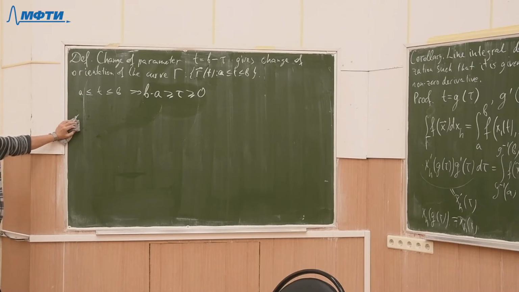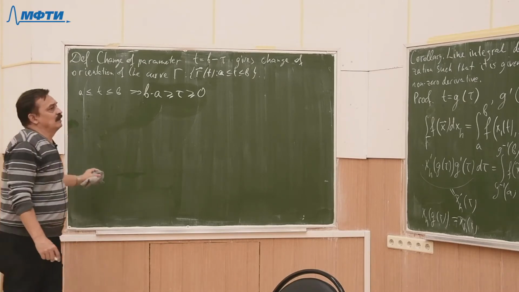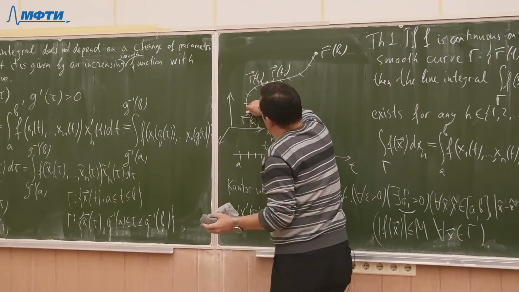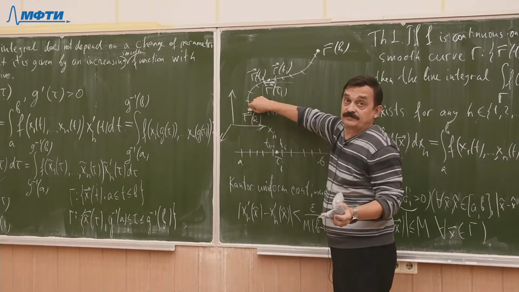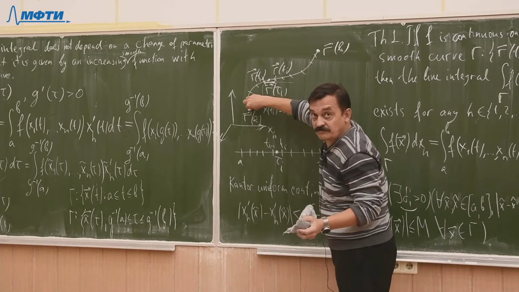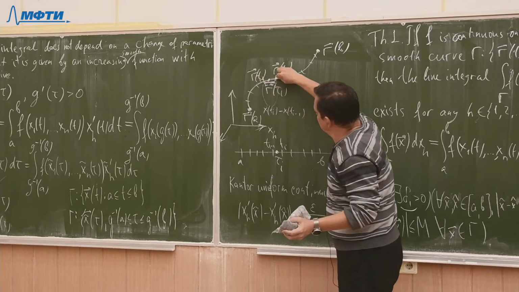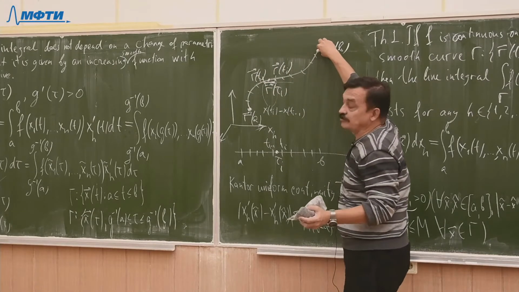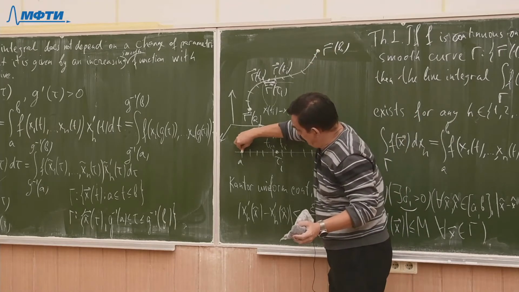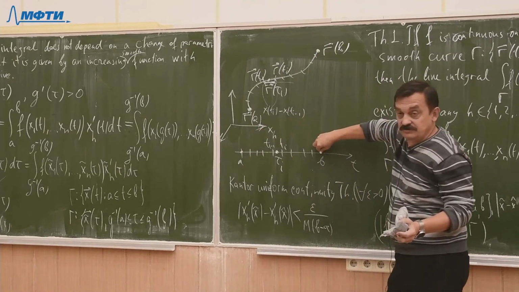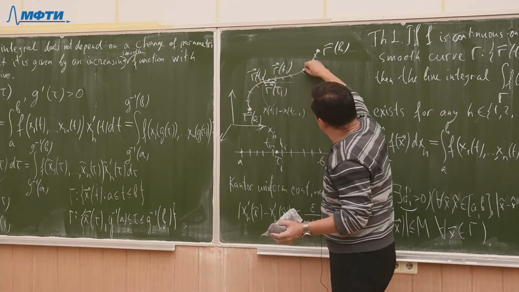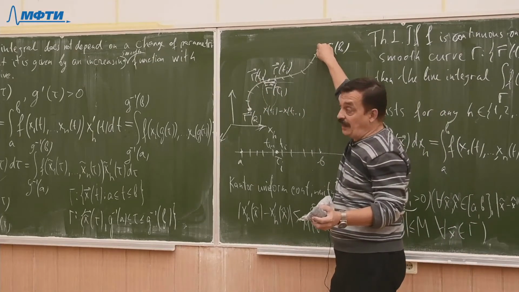So if we look at the picture, look what happens. Firstly, we had the curve from r of a up to r of b. Time varies from a to b, right? And we go from that point to r of b. Now what happens?